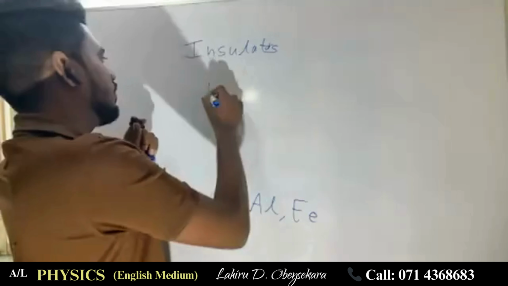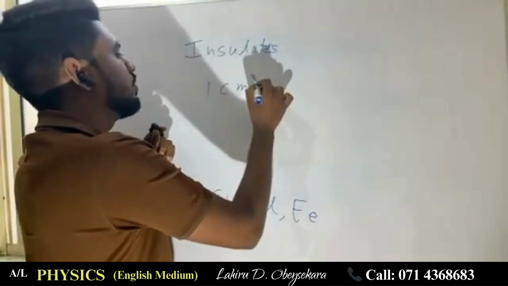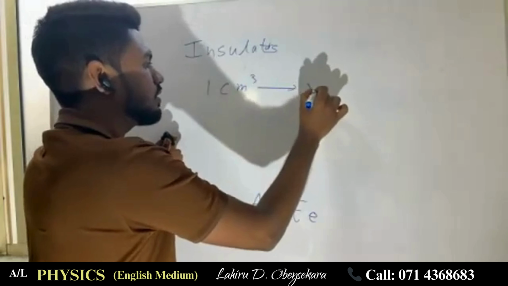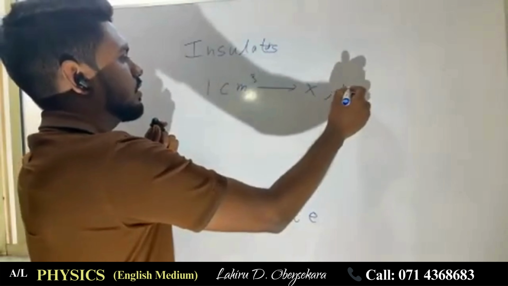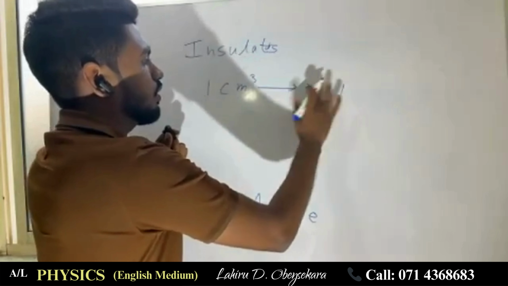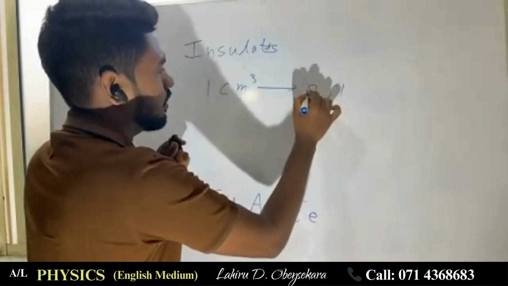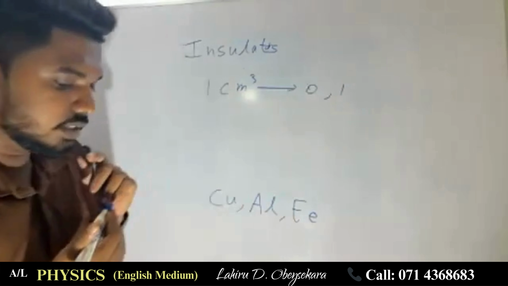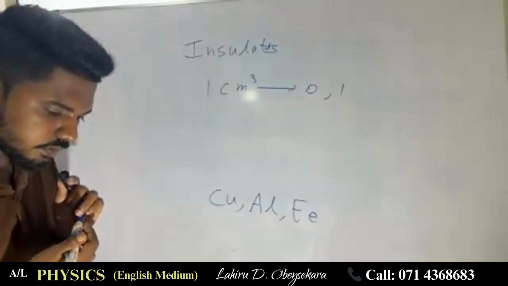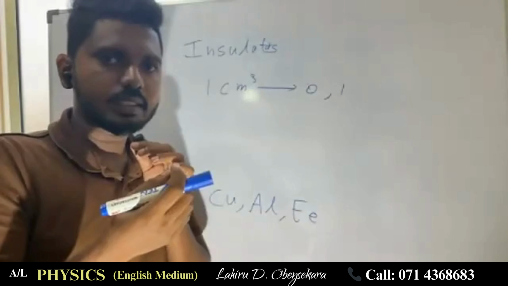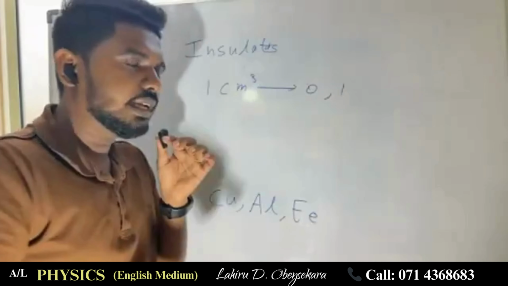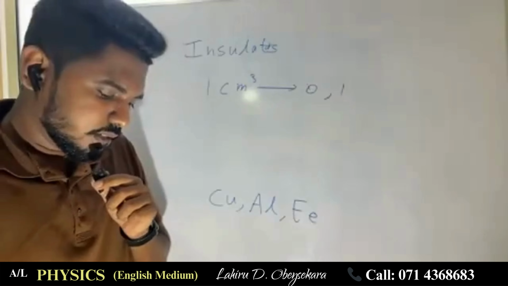In insulators, there are no free electrons in 1 cubic centimeter, at least just one or two, or mostly the number of free electrons is zero. So there are no charges, so it cannot move. That means there is no current.